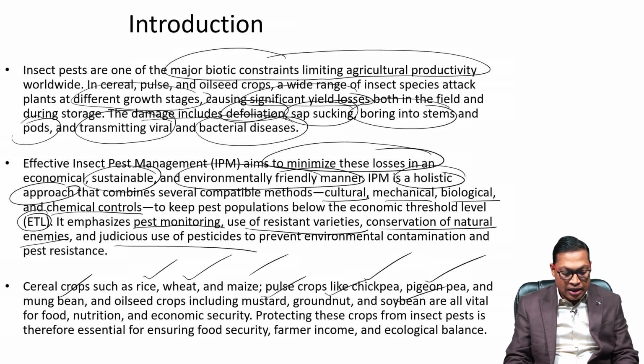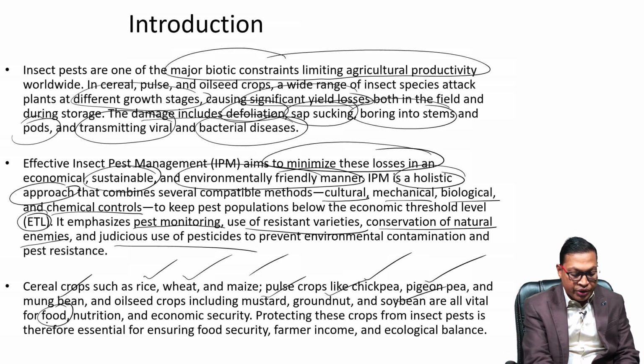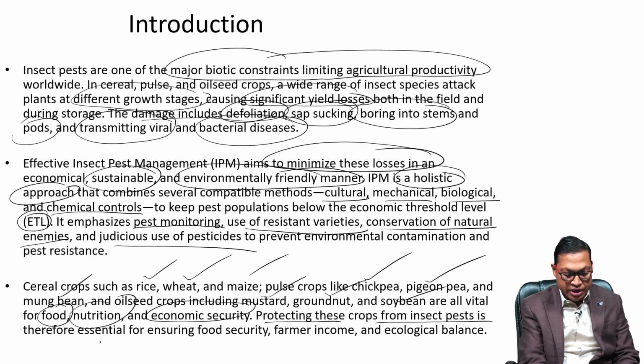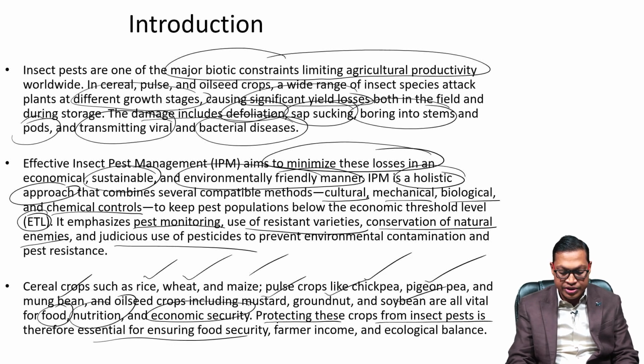All of these are a vital source of food, nutrition and economic security; they are the backbone of the Indian economy. So we have to manage all the insect pests causing losses in these crops so that our economy can be safe. Protecting these crops from insect pests is essential for ensuring food security, farmers' income and ecological balance.